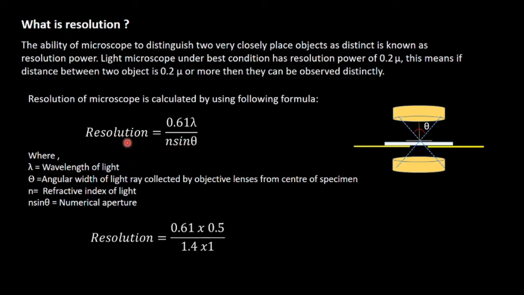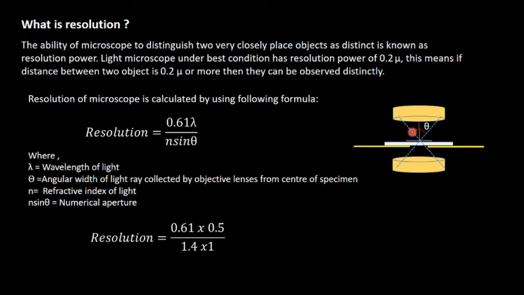So we can see here a formula where resolution is equal to 0.61, which is a constant factor, times lambda, where lambda indicates the wavelength of visible light, divided by the numerical aperture, that is n sin theta, where n is the refractive index of the medium. Here theta corresponds to half the width of the angle of the cone of light collected by the lens.